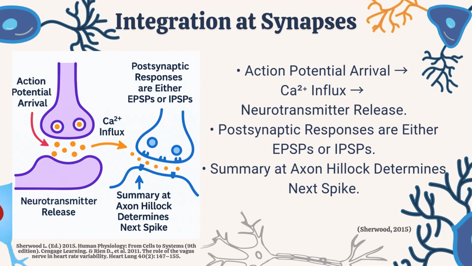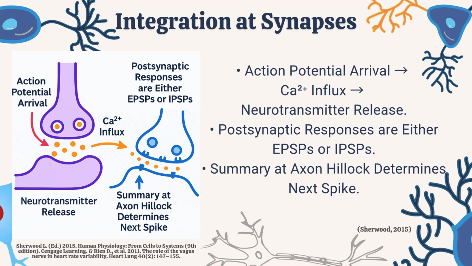Integration at the synapses. So when the action potential reaches the axon terminal, voltage-gated calcium channels open up and Ca2+ rushes in via Sherwood 2015. Calcium causes vesicles to fuse with the membranes and release neurotransmitters into the synaptic cleft.